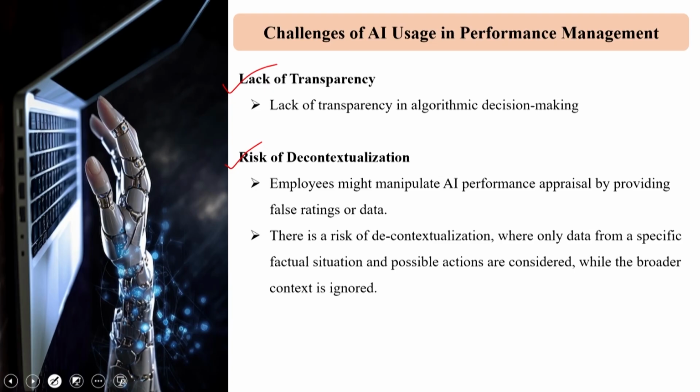So this can have significant negative impacts on both individual and organizational performance, as it fosters a culture where truth is centralized, leading to a collapse in the value and reliability of performance management. For instance, let's look at employees who might manipulate AI performance appraisal systems to be ranked in, let's say, the top 10%, or provide false negative ratings to colleagues to prevent them from receiving high performance scores.